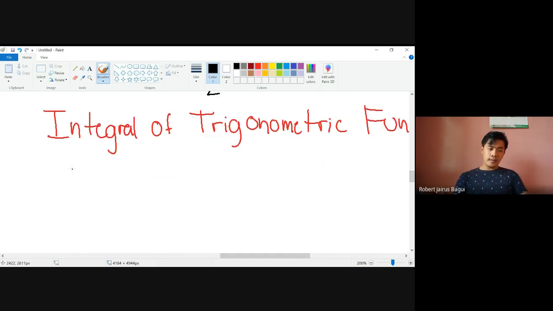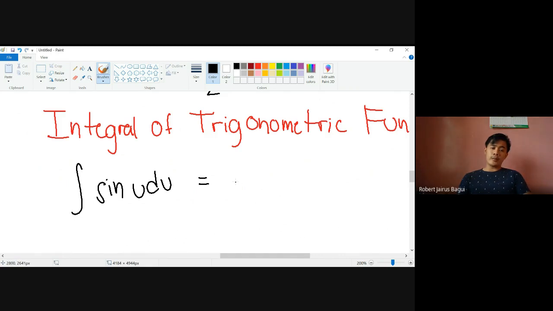Ngayon, integral ni sin u du. Kung dati ay yung cosine pag dinerivative ay magiging negative sign, dito naman, ang integral ng sine, that would be negative cosine u.